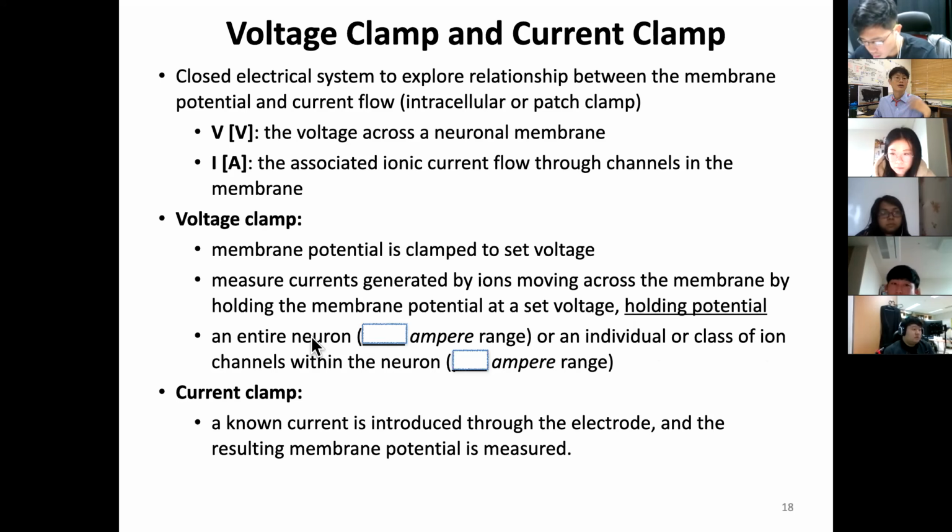Jinuk, can you guess which one is nanoampere, which one is picoampere? So the first one? Is nano. Good, yes. The second, a single channel, is pico. Right. It's easy to say, but a picoamp is really tiny. You have to overcome the noise level.